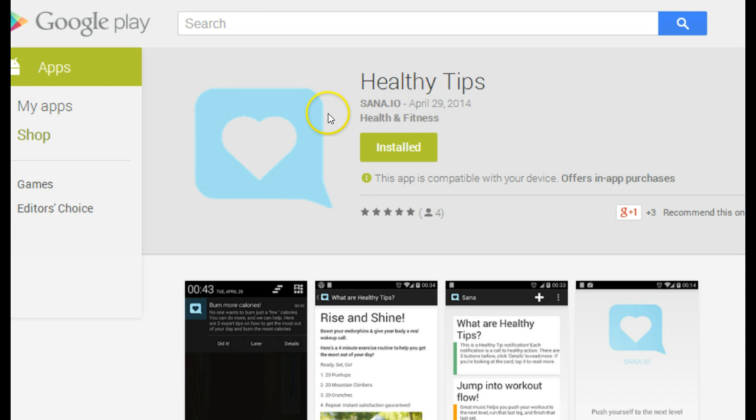I want you to think of this logo. This logo is what the target customers are going to associate Sana with. So I think this logo is key when it comes to reminding them about who Sana is, what they do, and what it means to them.